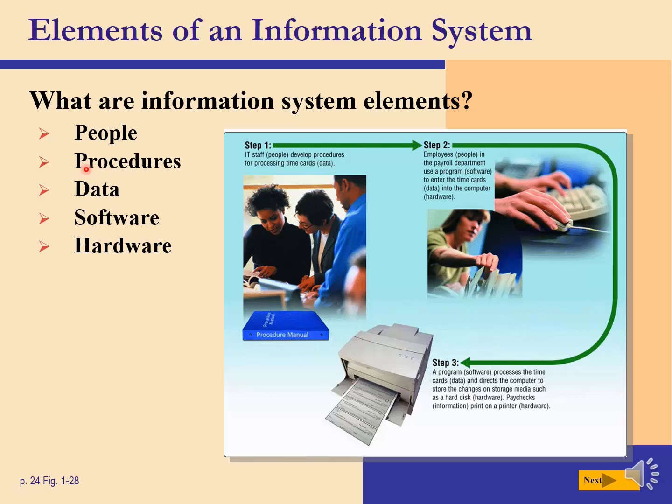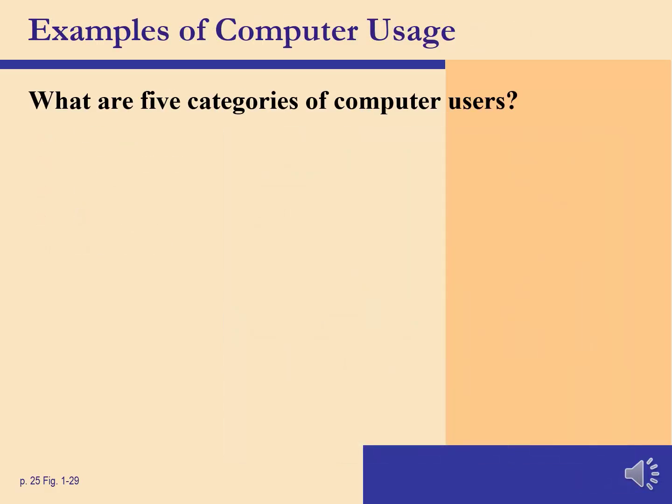Procedures are the instructions and rules that govern using the information system. The data is the input to the information system. Software is the applications used on operating systems. Hardware is the devices that can be used to process computer usage.